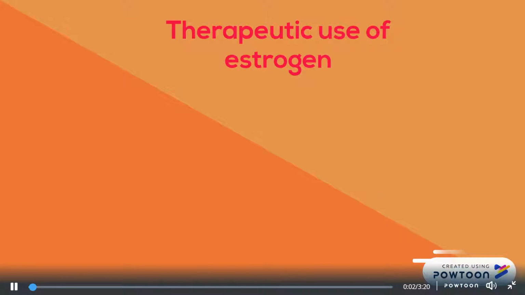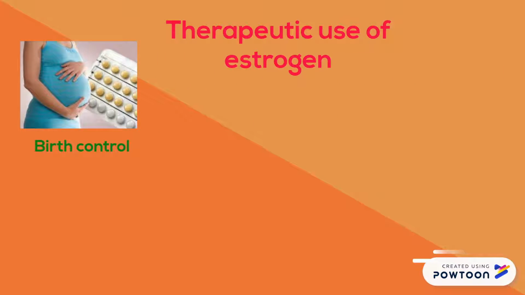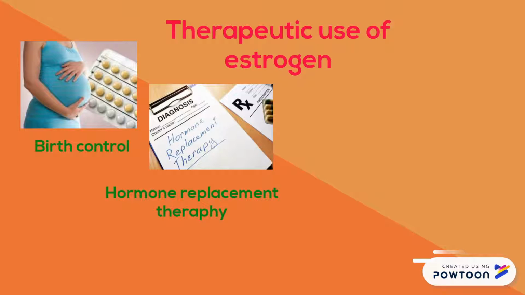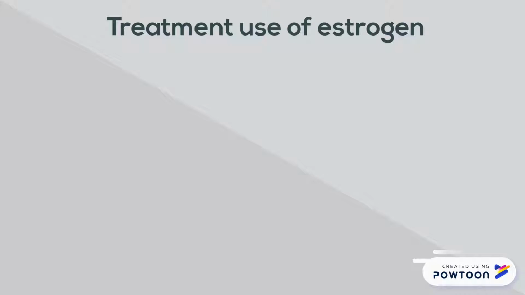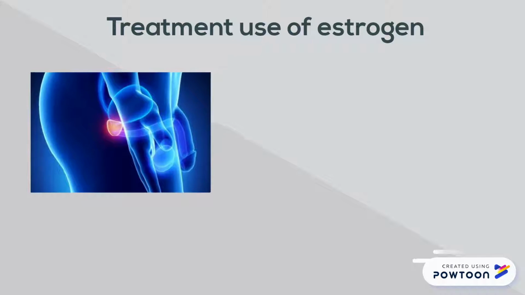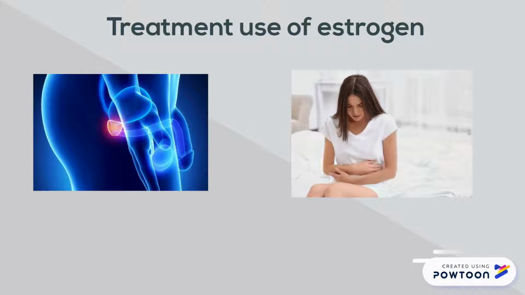Some of the therapeutic uses of estrogens include birth control, hormone replacement therapy, and treatment of estrogen deficiency from ovarian failure or after oophorectomy. Estrogens can also be used in the treatment of advanced, inoperable breast and prostate cancer in men and postmenopausal women.